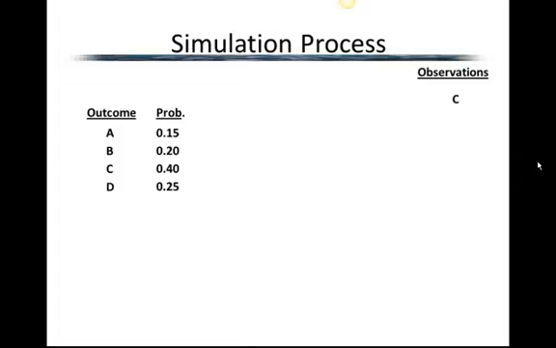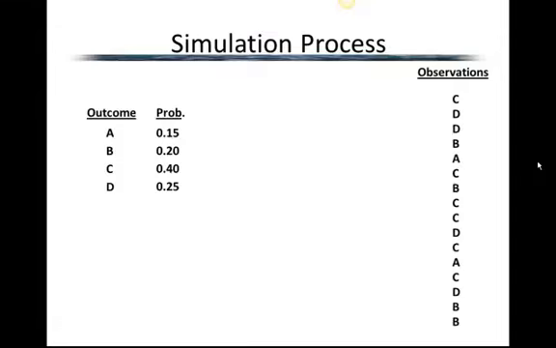And then maybe the next time I look, I'm going to get a D. And maybe I'll get another D. And a B. Then an A, C, and so on. And I can just keep populating this list of observations in this manner.